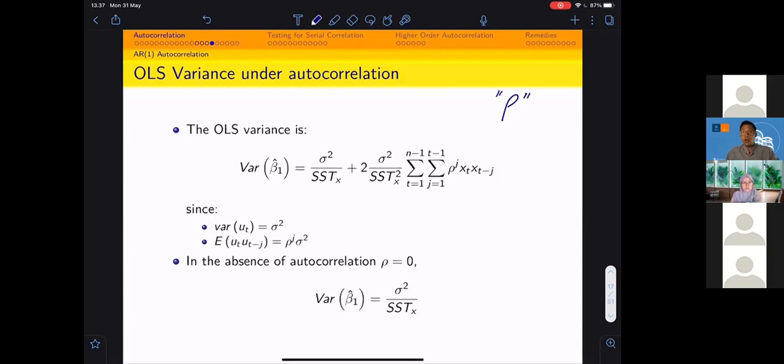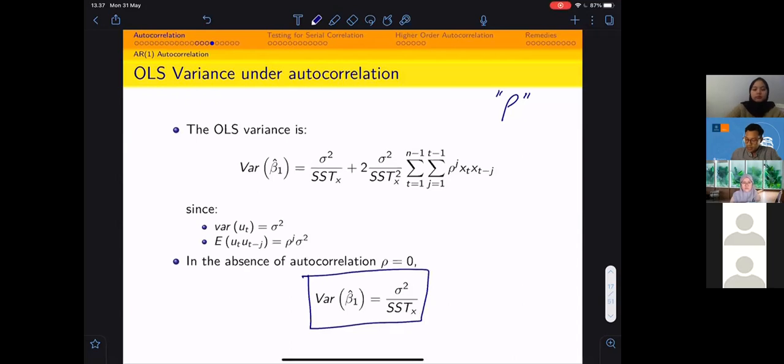Now, if you recall from your chapter 2 discussion, the variance of an estimate is just going to be the ratio between the variance of the error terms and the variance of the explanatory variable x.